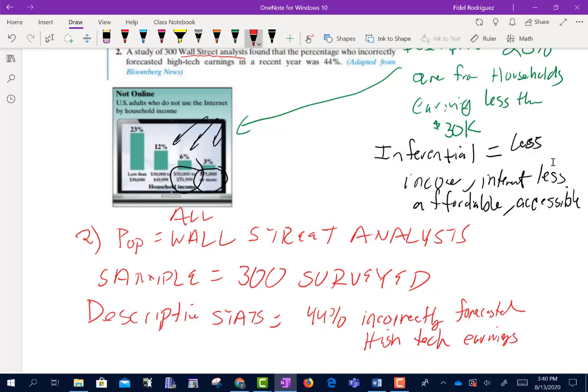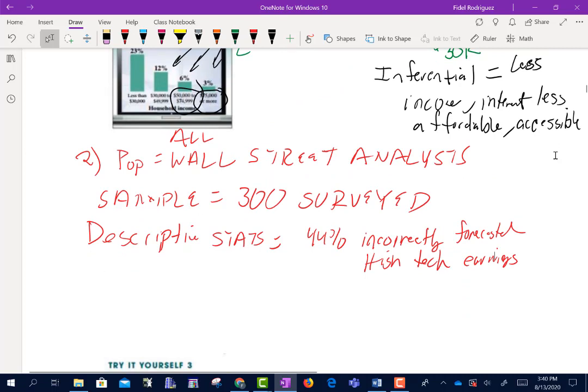So think about it this way. These are Wall Street analysts. They took 300 of them. Out of those 300, 44% of them guessed incorrectly. I mean, that's a lot. 44% is quite a bit. So what could we infer?